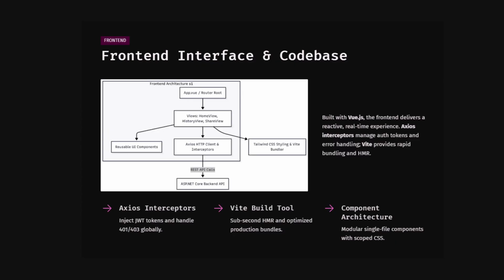So let's go into the front-end interface and codebase. Looking closer at the front end, we focus on a smooth user experience. We use Vite as our build tool because it gives us fast updates during development and optimizes our code for production.